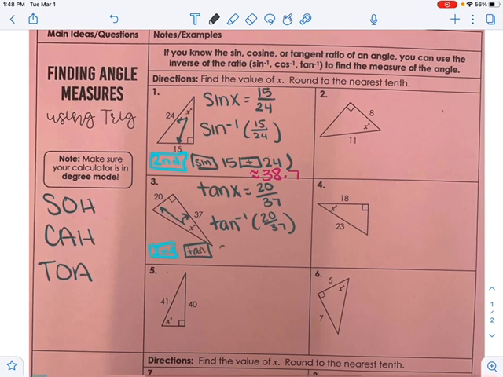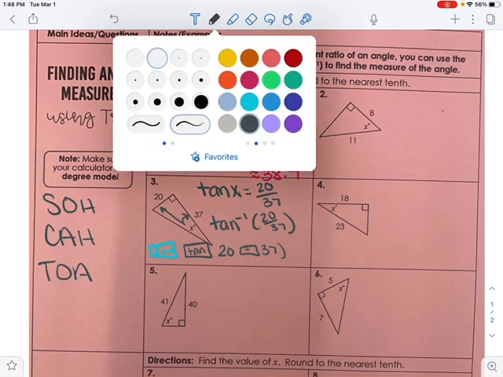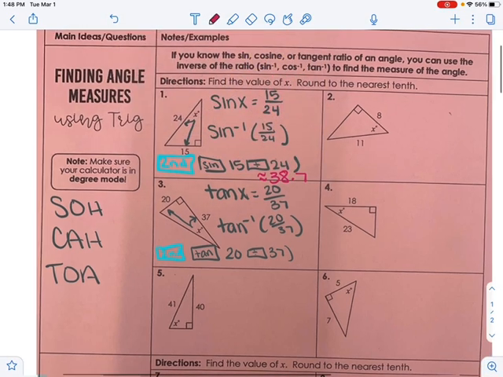Then I will type in 20 divided by 37 and close the parentheses. And again, we're going to round, and this looks like it's going to be about 28.4.